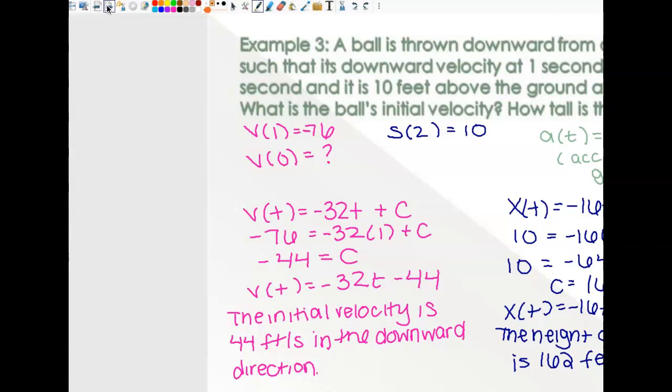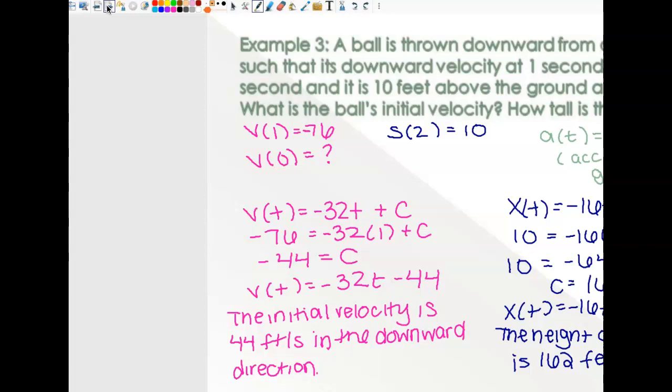Okay, so let's go down and talk about the ball being thrown. So we have one more problem. A ball is thrown downward from a building such that its downward velocity at 1 is 76 feet per second.